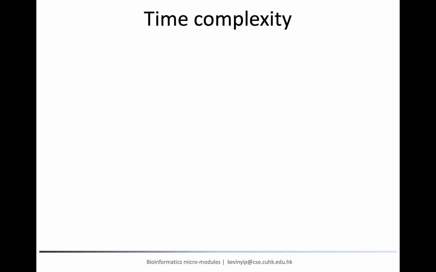Let's analyze the time complexity of the whole algorithm. First, let's see how many times each type of insertions has happened. For type A, since each of them creates a new leaf node, and finally there are n leaf nodes, the total number of type A insertions across all the iterations is exactly n.